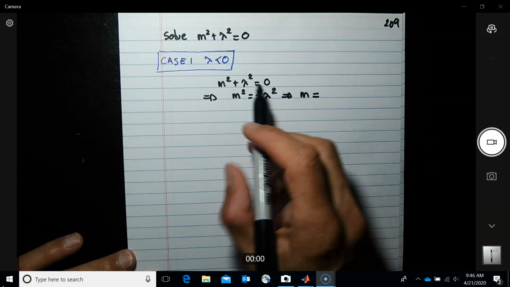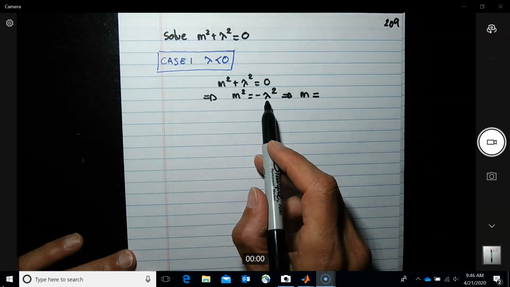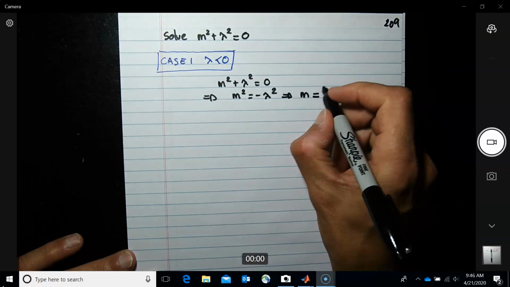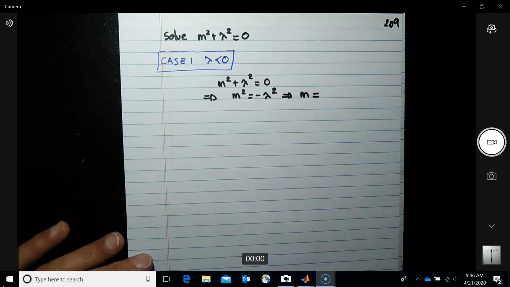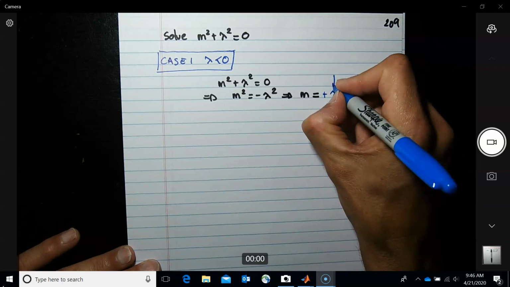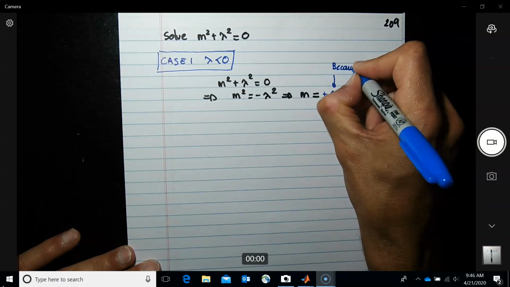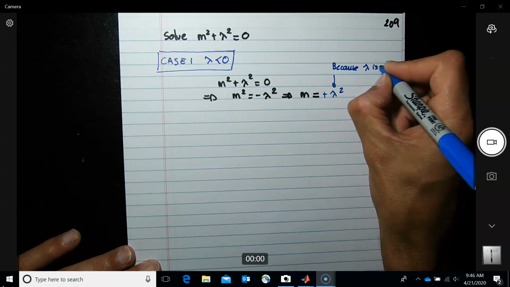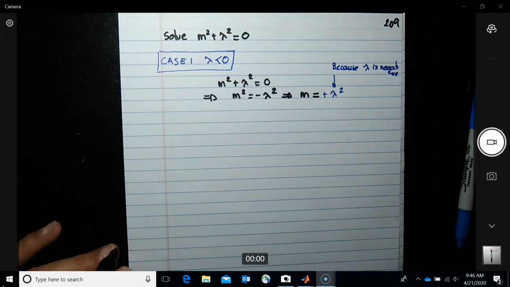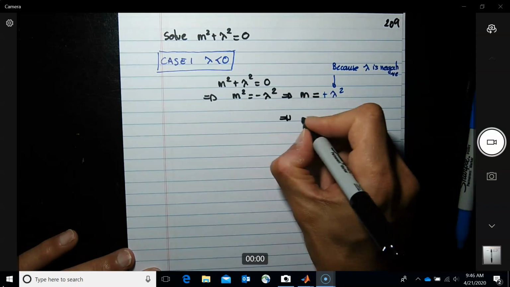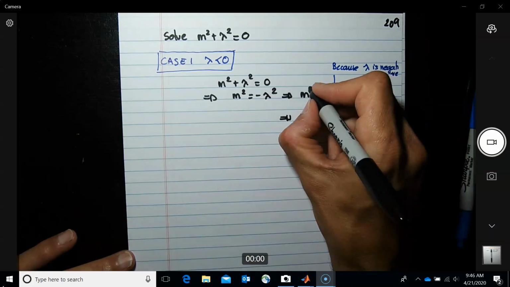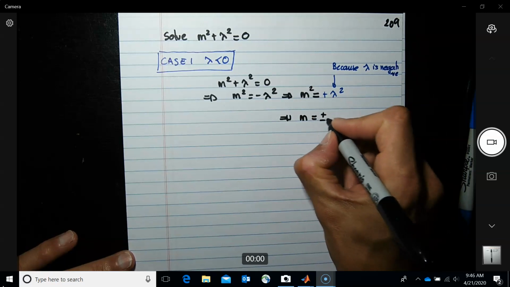This is negative, so the negative will become positive, because lambda is negative. So this will mean that we are in the case that m will be equal to plus or minus lambda.